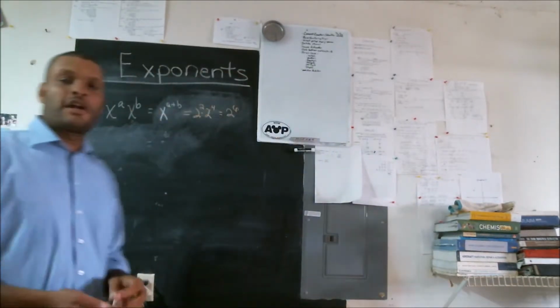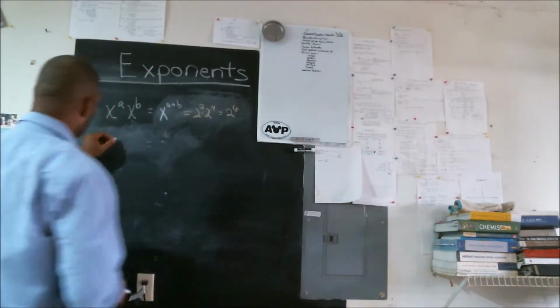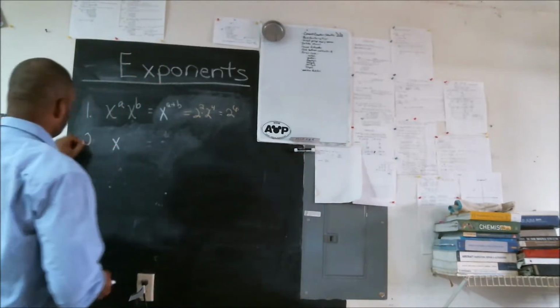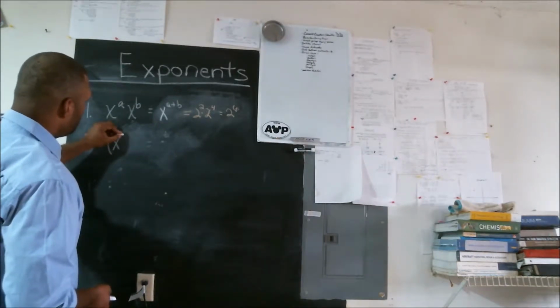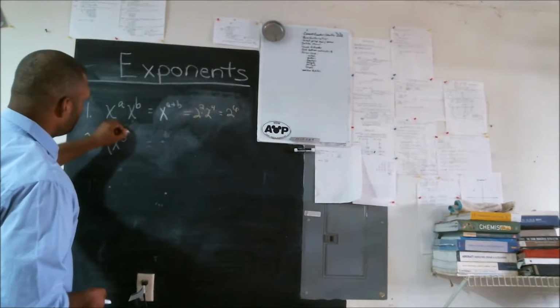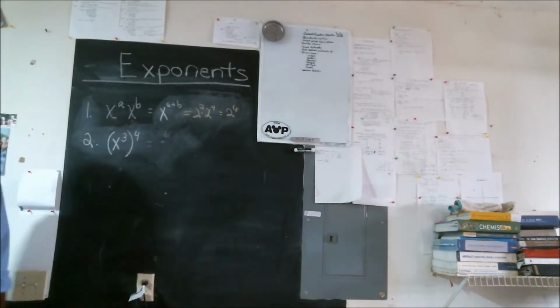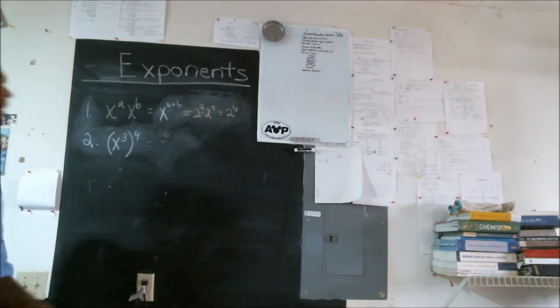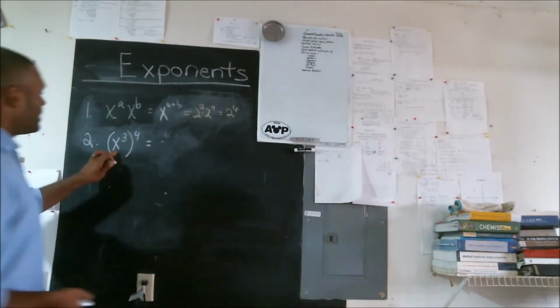The next one we're going to go over is the power to power. We'll have x raised to the 3rd power, x cubed, raised to the 4th power. Now we see what's going on here.